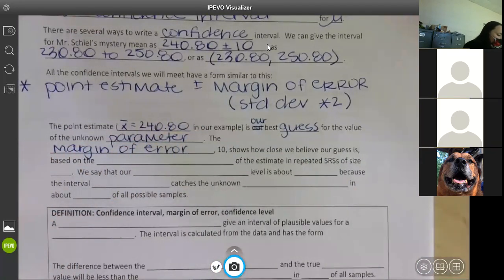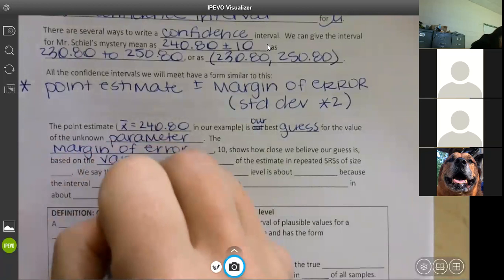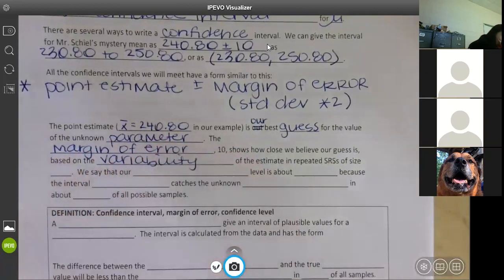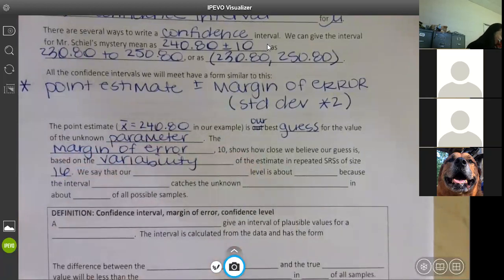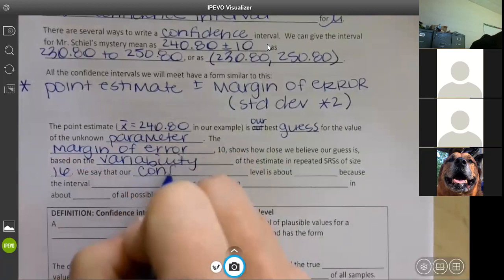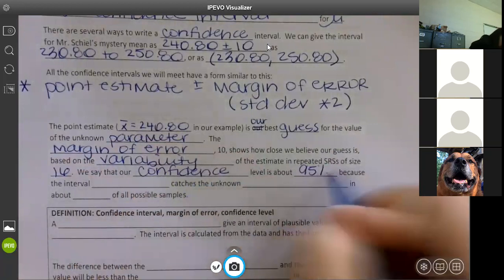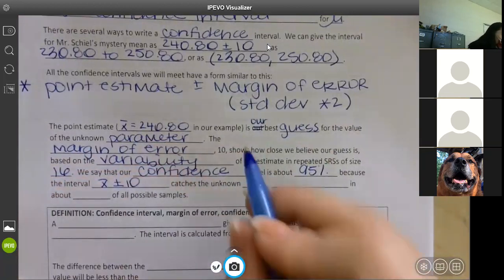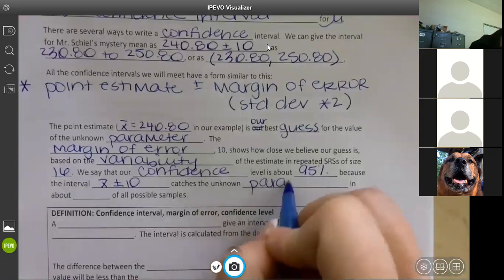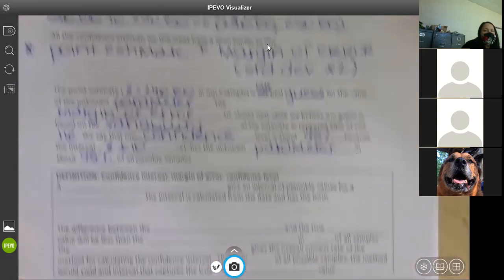It shows how close we believe our guess is, based on the variability of the estimate in repeated SRSs of size 16. We say that our confidence level is about 95% because the interval, which was x bar plus or minus 10, catches the unknown parameter in about 95% of all possible samples.